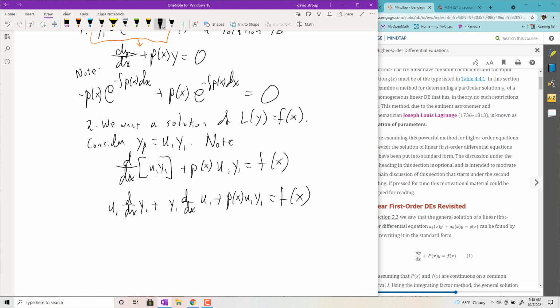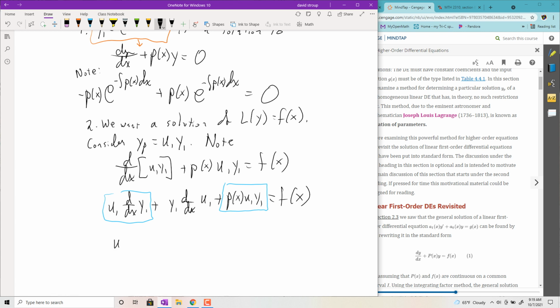And then this crucial observation is important. If you take this part and this part together and then factor out the u1, what do we get?